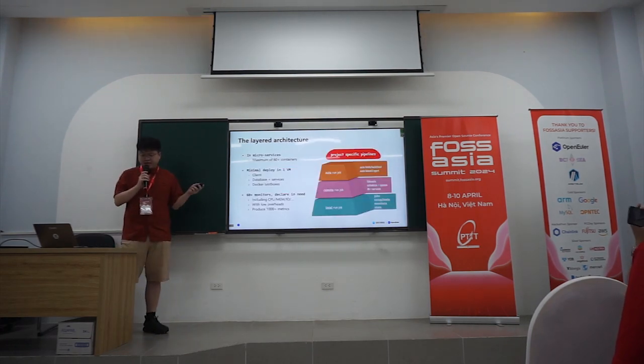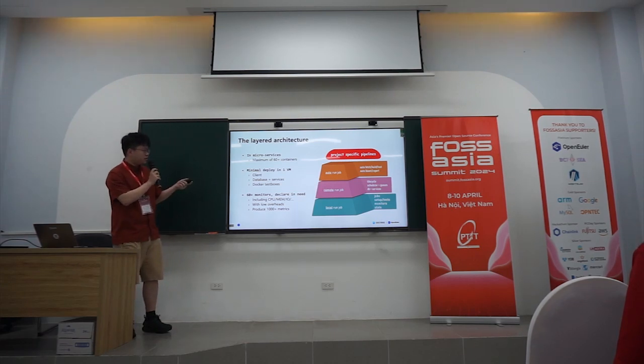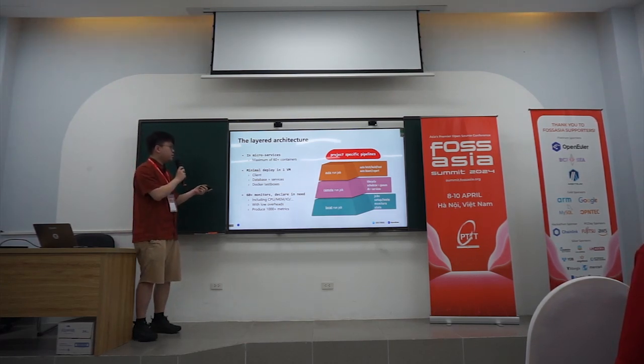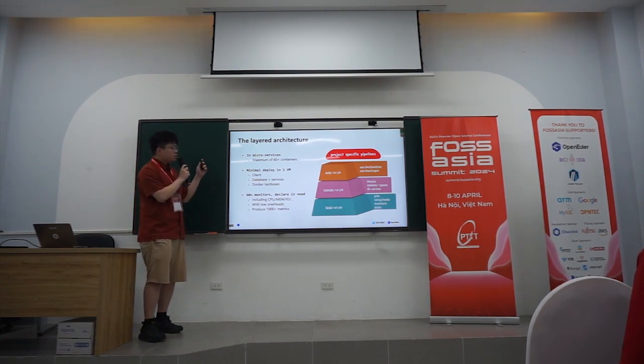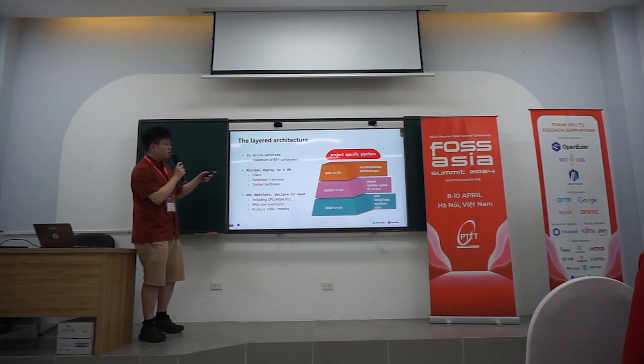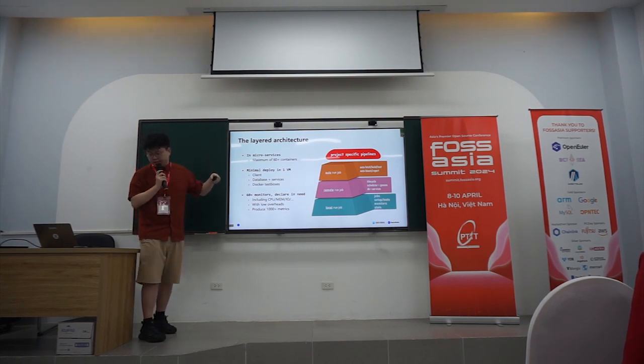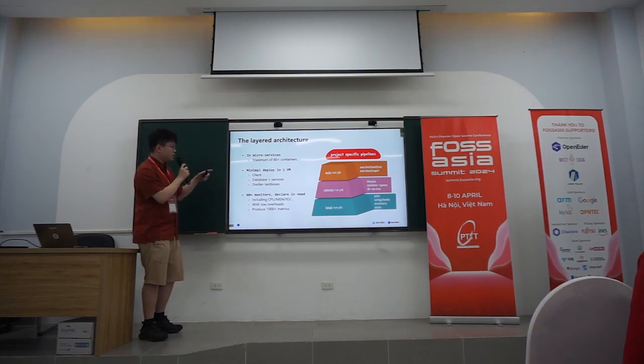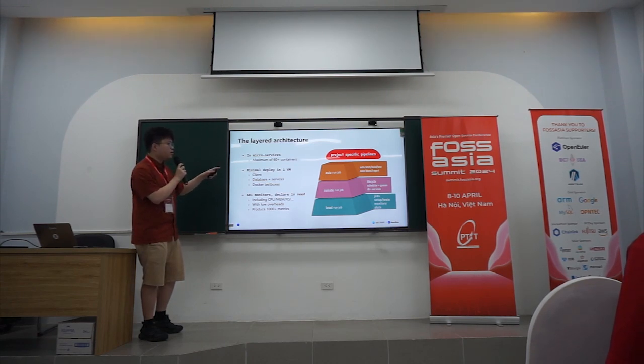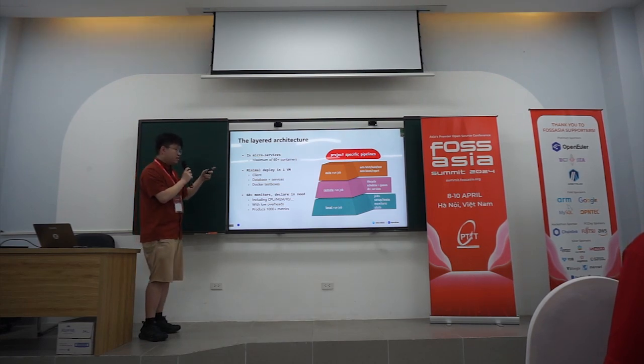And Compass CI is a microservice architecture with a maximum of 16 containers. The picture shows 3 layers, which are all of Compass CI, and the red one is others, which I will introduce later.